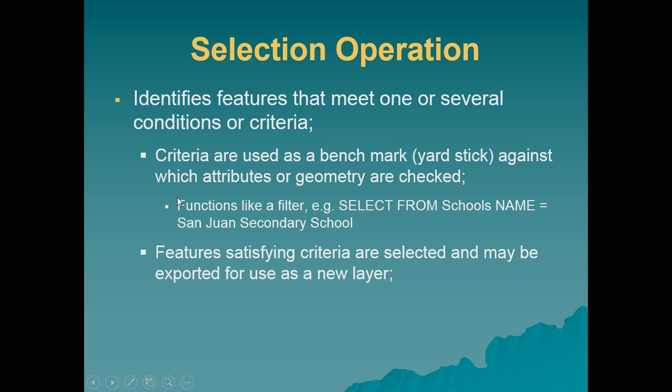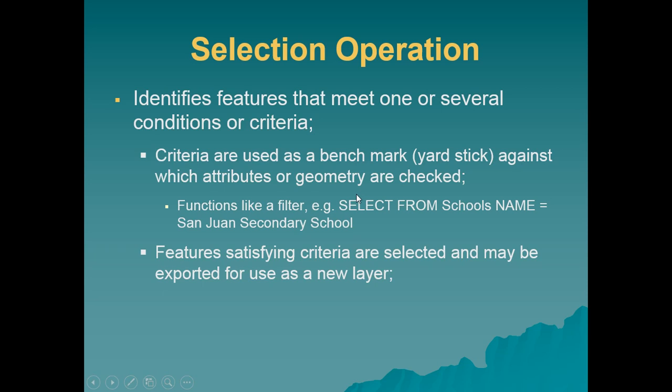So for example, here is a query that you would have performed. Remember you're using your select by attribute tool. This is what the query would look like: select from the schools layer, the field name, where the record is equal to San Juan Secondary School.